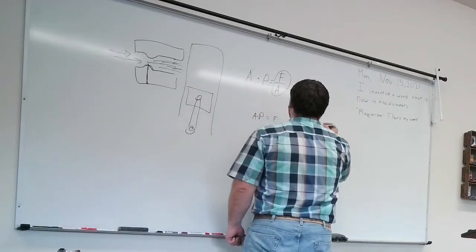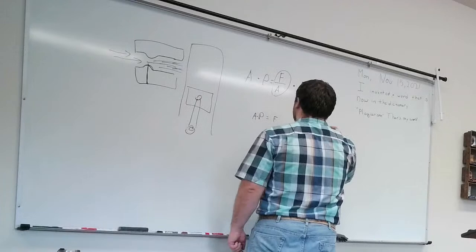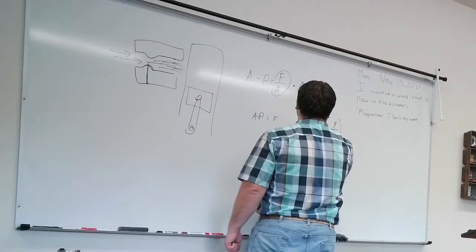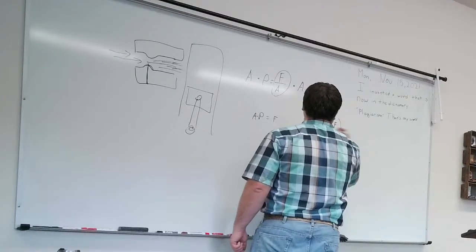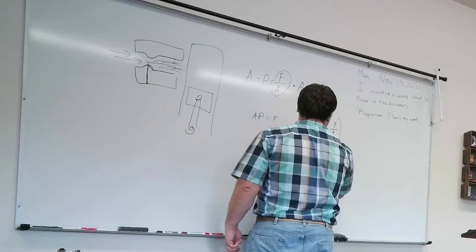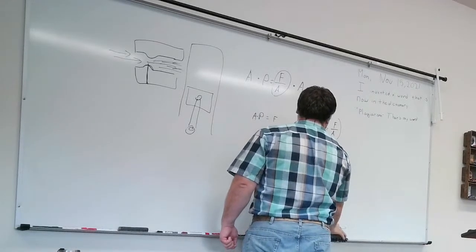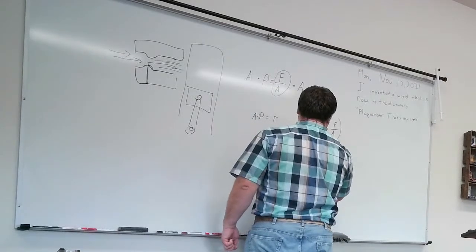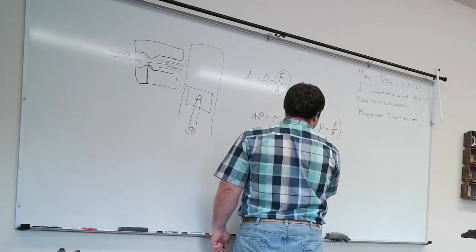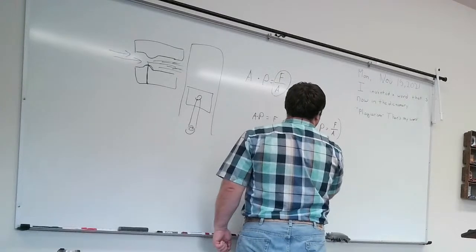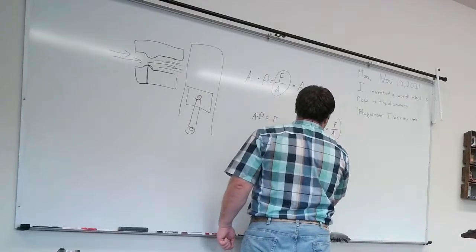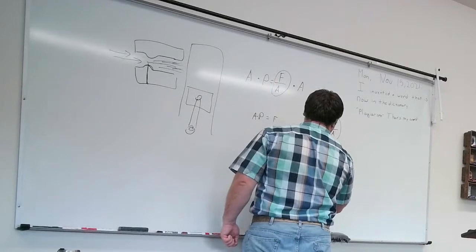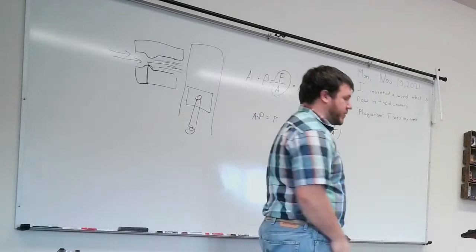If you were solving for A, you would have to multiply the whole thing by the denominator, so you would wind up with AP equals F. I mean, we're solving for A, so you would put the P under the F, and then A equals F over P. So that's how we solve that.